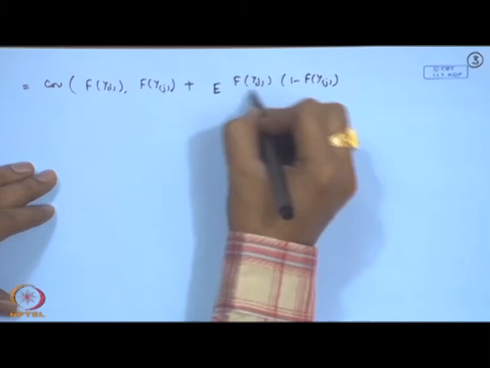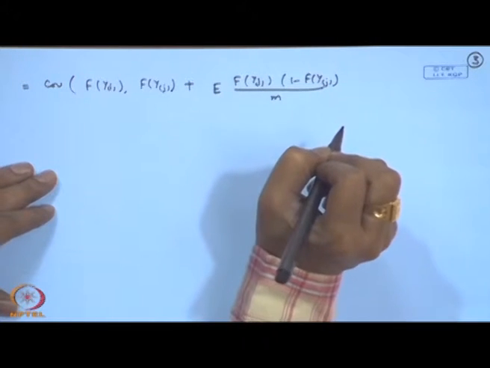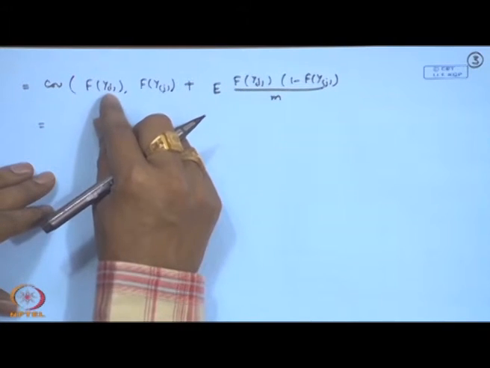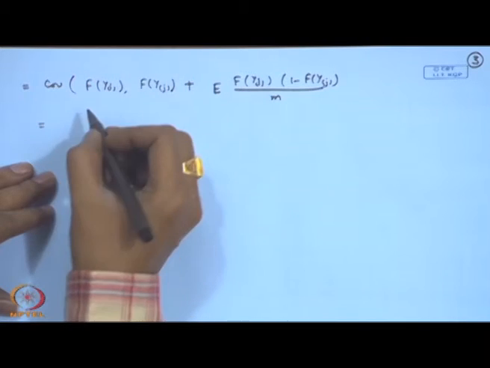So, it will become the expectation of this divided by m. Okay. So, now these are the order statistics i-th and j-th from the uniform distribution.